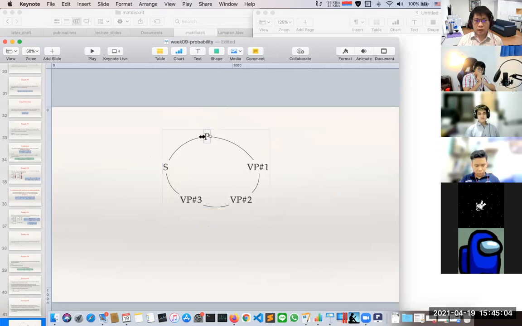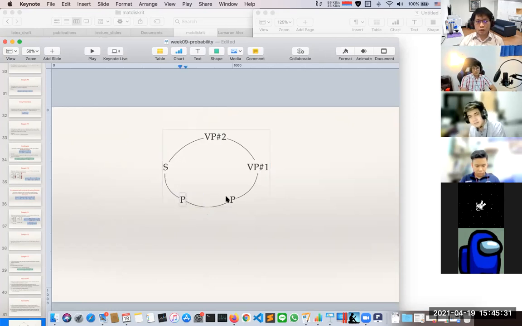The similar case, let's say this one I want to change, this is not president, but this one is vice president number 2. So this one is the president. Since we only have one president and one secretary, it's safe to assume that the other 3 can be the vice president. So this arrangement is also correct. The same applies if I put it here, president, and this one is vice president number 3. In this case, no matter your arrangement, the president will always sit right beside his or her vice president.